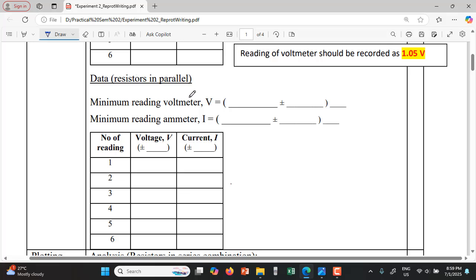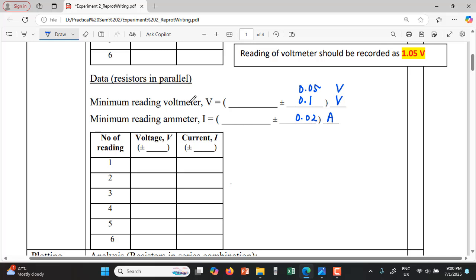So, double check uncertainty yang anda tulis untuk voltmeter, it will be 0.1 volt kalau you consider smallest scale, ataupun 0.05 volt kalau you ambil sehingga half of the smallest divisions. Then same goes for the ammeter. So the ammeter, the smallest division will be 0.02 ampere.